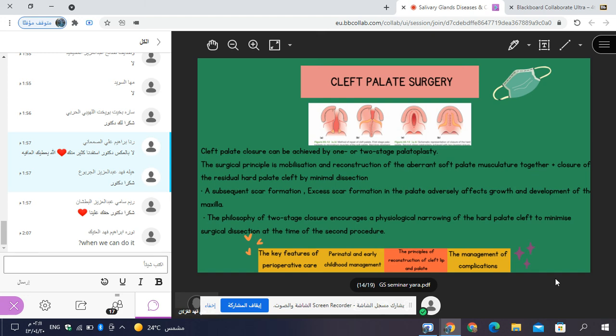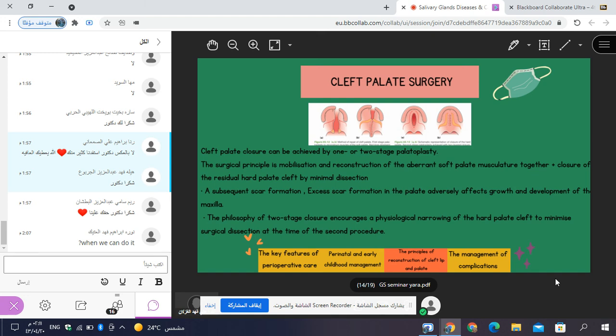Of course, there will be scar formation, but excess scar formation has a side effect on the growth and development of the maxilla. So we will treat them for a craniofacial abnormality, and then they will develop another craniofacial abnormality.